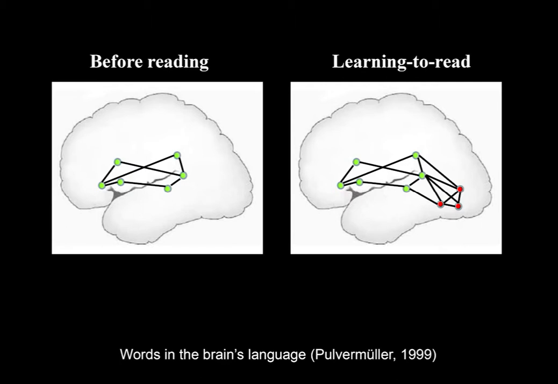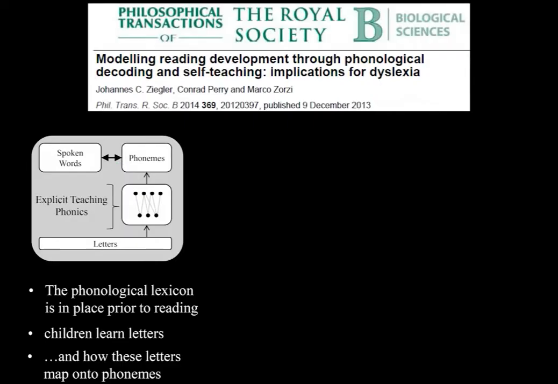At a very superficial level, it's very difficult to get to that kind of understanding. This is why we now apply more precise theories about the learning to read process.